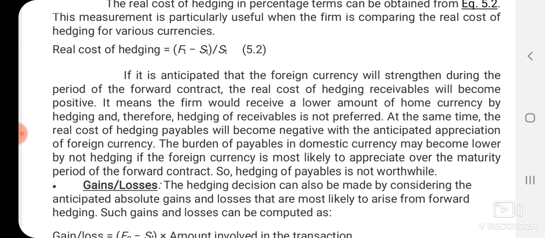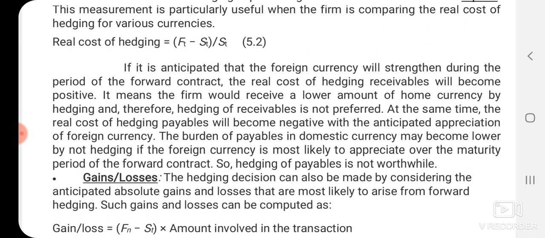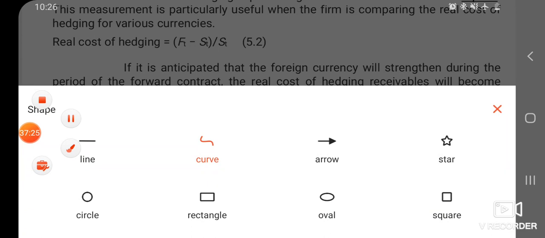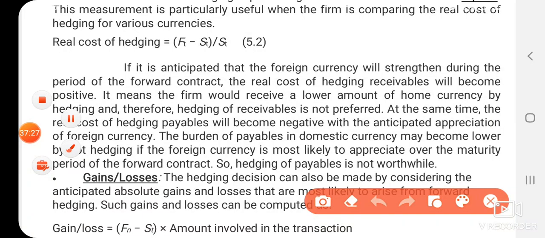It is anticipated that the foreign currency will strengthen during the period of the forward contract. The real cost of hedging receivables will become positive. It means the firm will receive a lower amount of home currency by hedging, and therefore hedging of receivables is not preferred. For example, if the firm in its analysis has chosen hedging receivables, then automatically the cost will become positive.